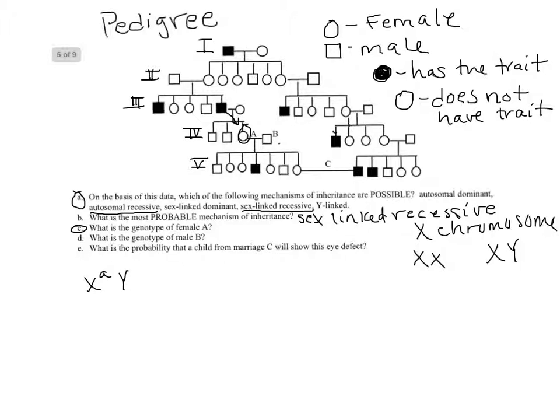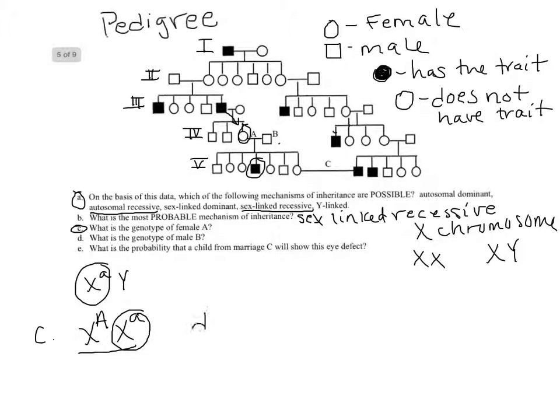And then she received this X from her father and one of the dominant non-affected traits from her mother. So female A's genotype is heterozygous for that trait. And I know that her genotype is heterozygous for that trait because she has a son that shows that trait down here. So she must have given this allele to her son.